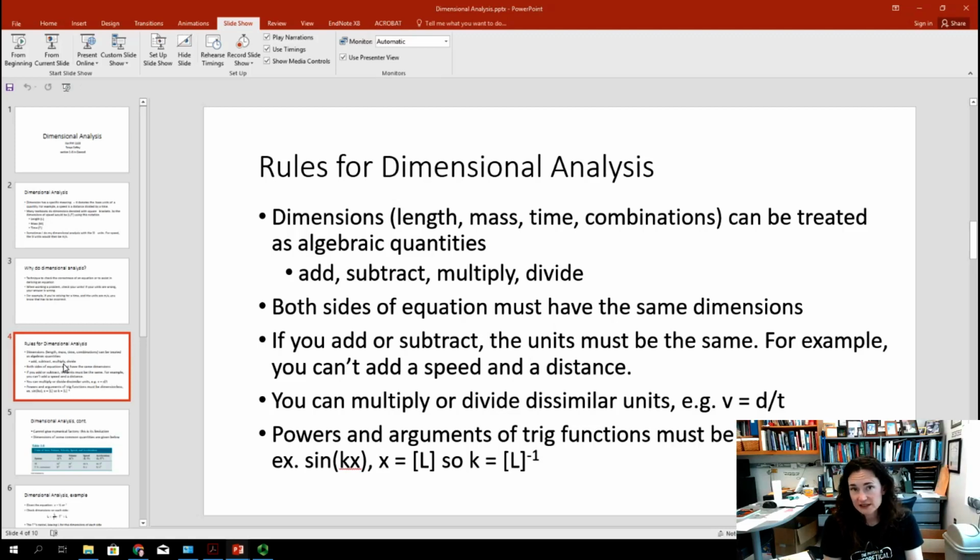Well, if x is a length, then k has dimensions of 1 over length, so that when you multiply k times x, the lengths cancel out, and you end up with something that's dimensionless, okay? So any power, argument of an exponent, trigonometric functions, these things have to have dimensionless quantities.